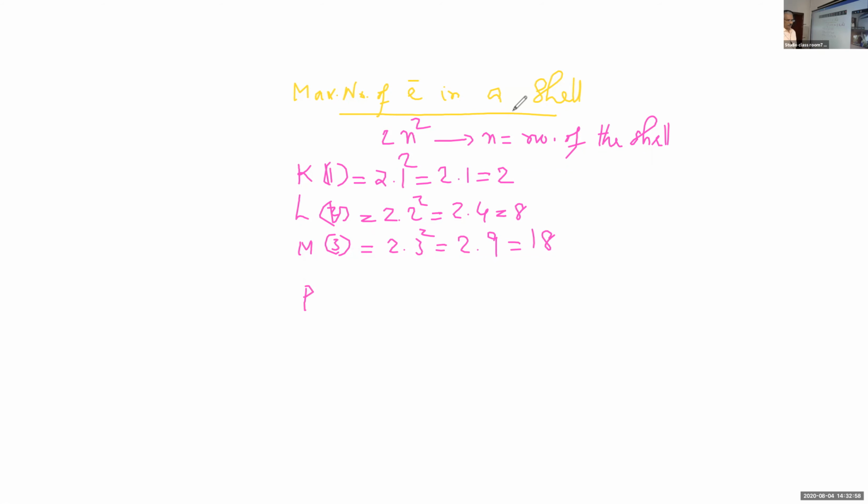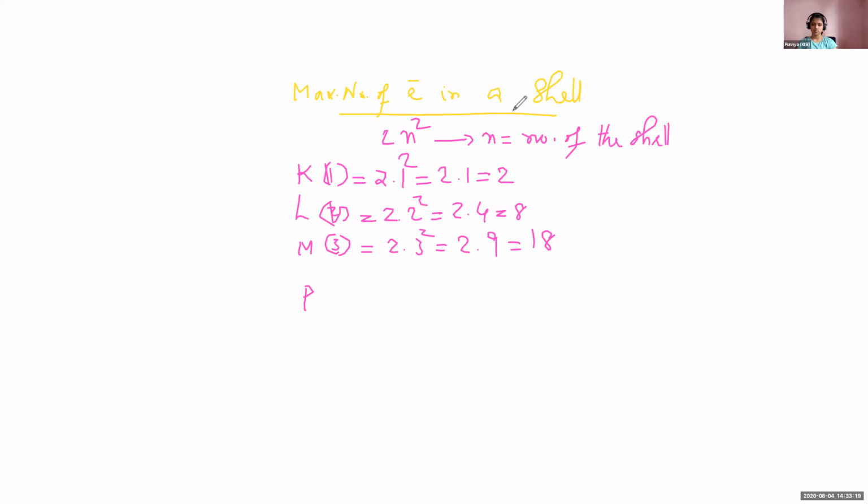K, L, M, N, O, P. What is the number of the shell? 6.